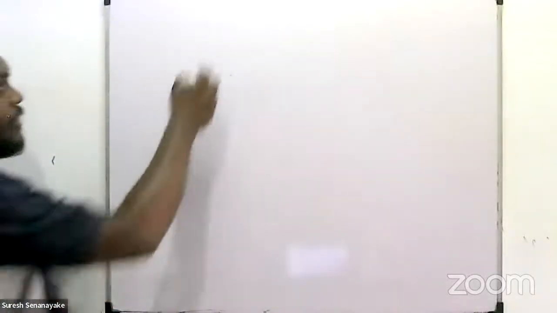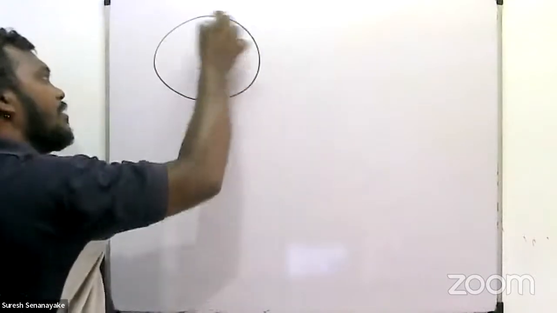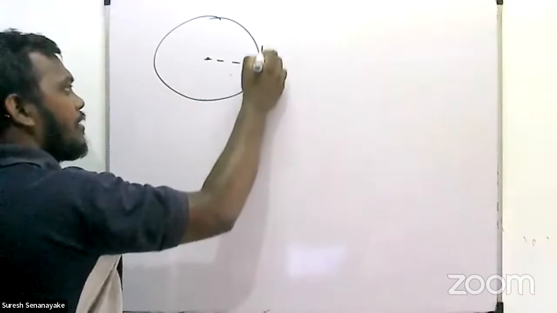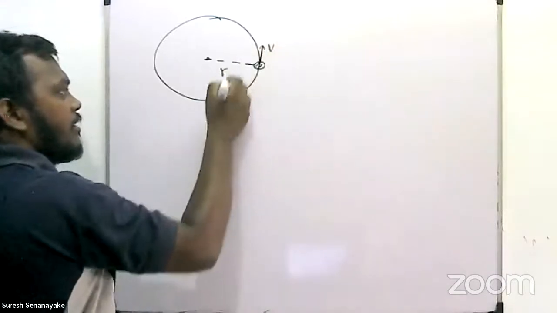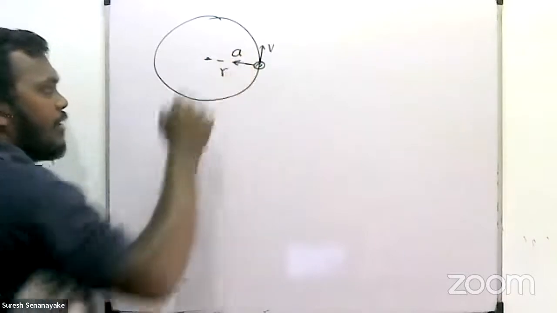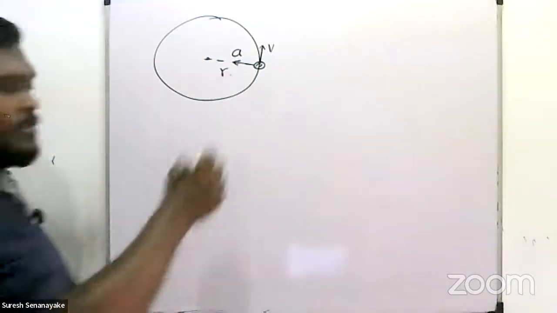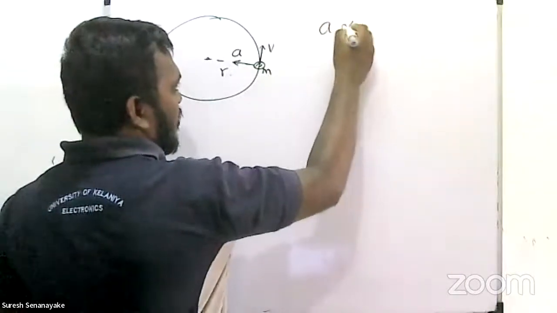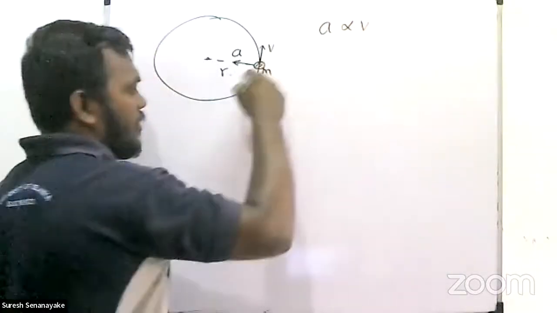If a particle is moving in a circular path with velocity v and radius r, there is an acceleration towards the center. That acceleration depends on the mass of the particle, radius, and velocity.